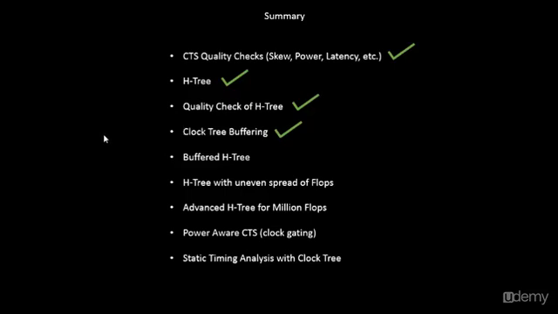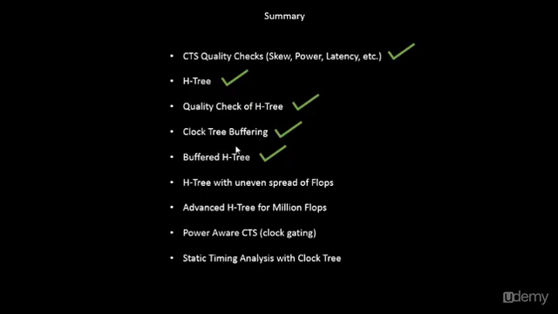Next, we looked into a buffered H tree. After we learned the concepts of clock tree buffering, we took the H tree that we had built and buffered it. Again, with the buffered H tree, we did all the quality checks. We checked for skew, power, and latency.